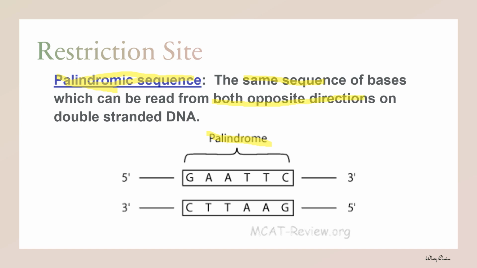Because the DNA molecules are double-stranded, they have two strands arranged in anti-parallel form, 5' to 3', and the complementary strand is 3' to 5'. If we read the base sequence 5' to 3', the reading is GAATTC, and from the complementary strand, 5' to 3' also has the same reading. This is what is meant by palindrome.